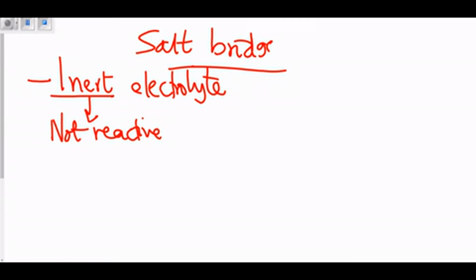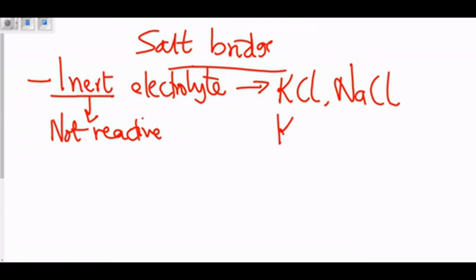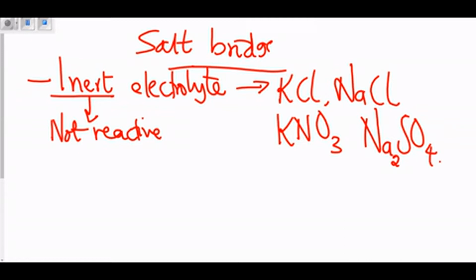Common examples are your potassium chloride, your sodium chloride, your potassium nitrate, your sodium sulfate. These are our common examples that we would use regularly.